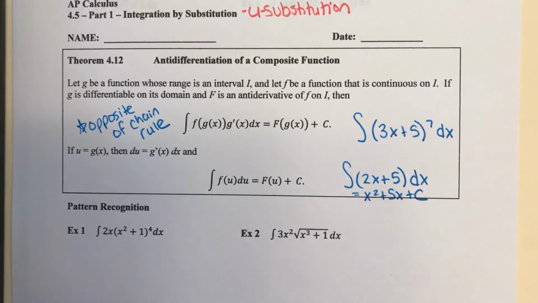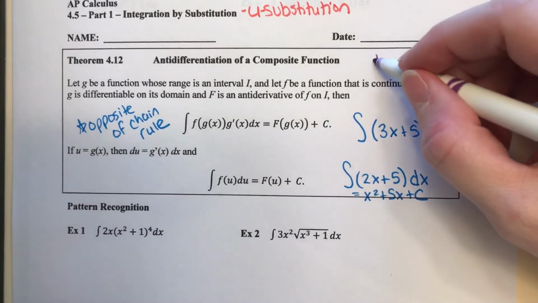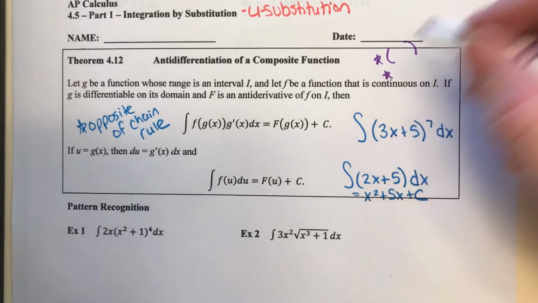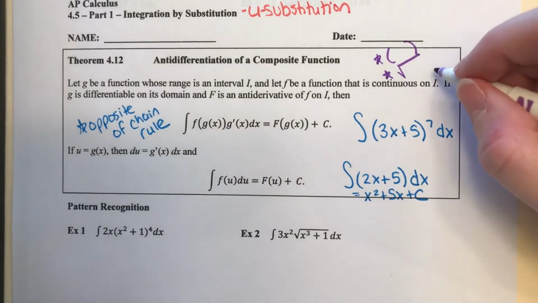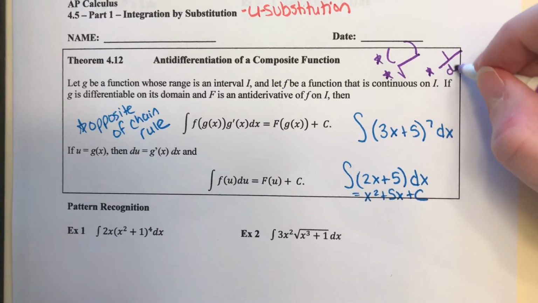So what we're going to do is look for an inside part. Now, on a chain rule, the inside part, remember when we took a derivative, was typically, I'm going to make a list over here, the part in parentheses. It also could be the part under a radical. And another thing, it could be the part in the denominator.